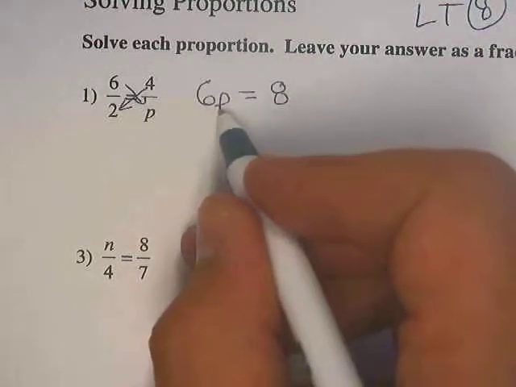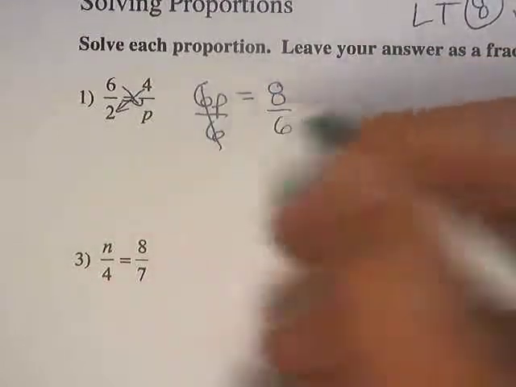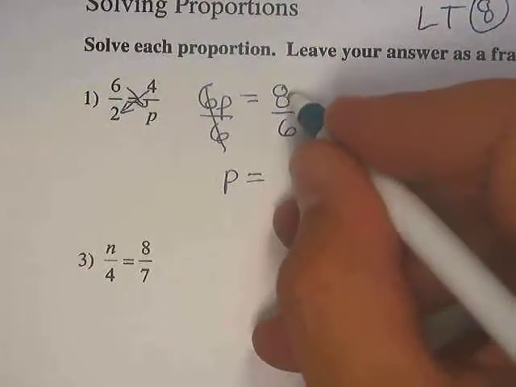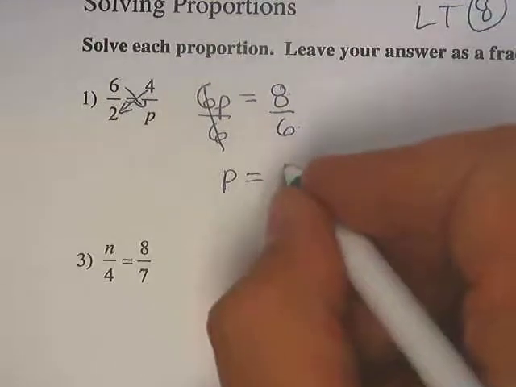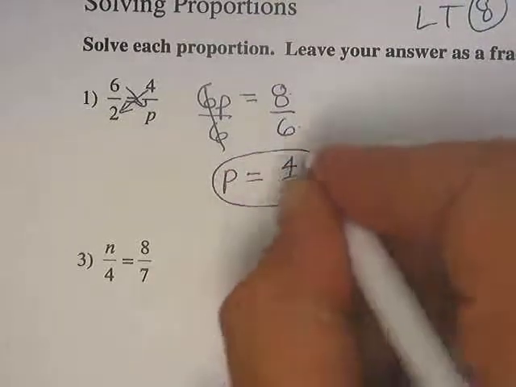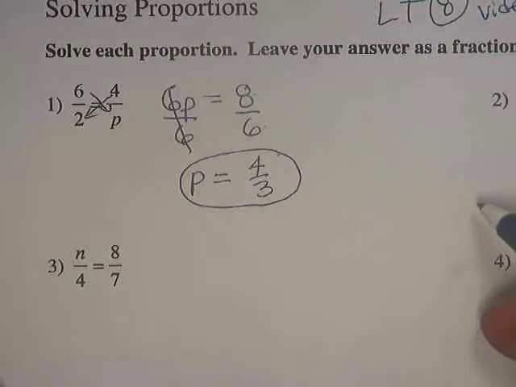Now to solve for p, I have to do the opposite of multiplying, which is dividing. I have to divide both sides by 6. I'm going to put it in simplest form. So p is going to be equal to 8/6 when you divide it. 8 divided by 6, that's going to be, on your calculator, 4/3. And you could write it as a decimal too, but I'll keep it as a fraction. So that's one way to solve proportions.